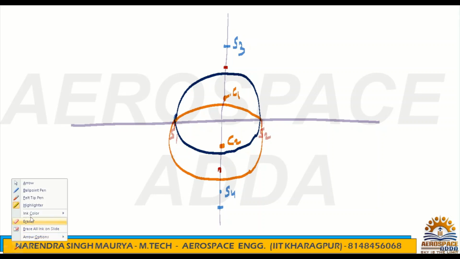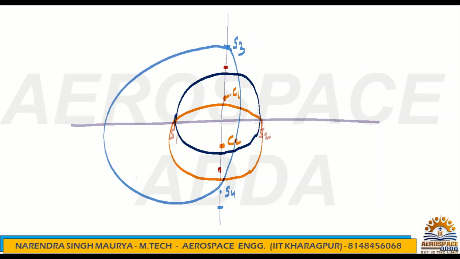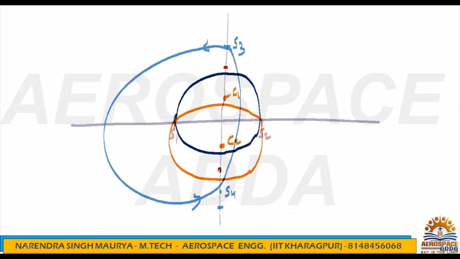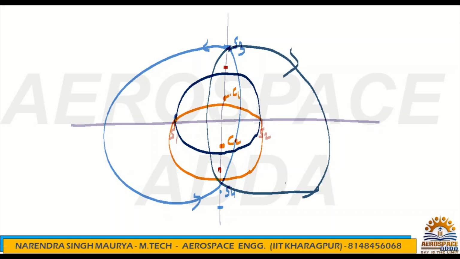Because of this also we'll have a circle, but it will be on the horizontal axis. It may be like this. If this is the source and this S4 is the sink, this is the one circle you will get. Similarly, this side also one circle you will get, something like this. Source and this is the sink.